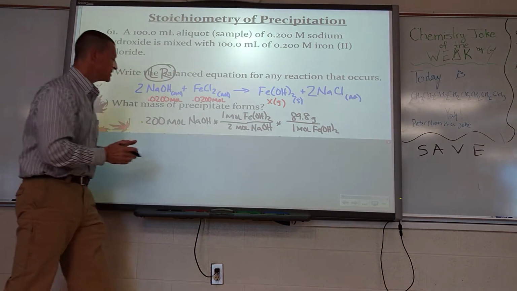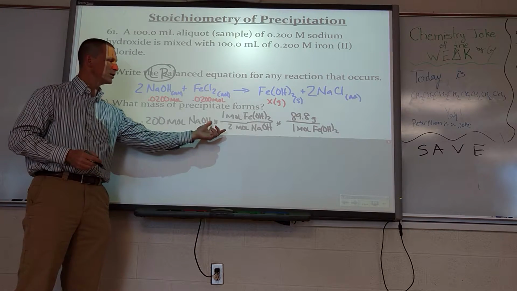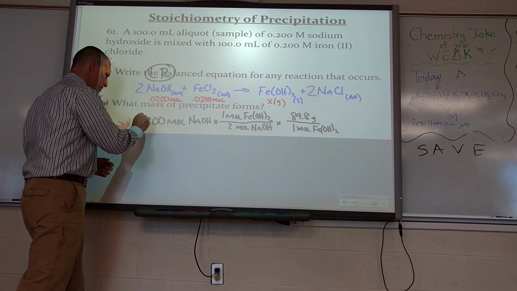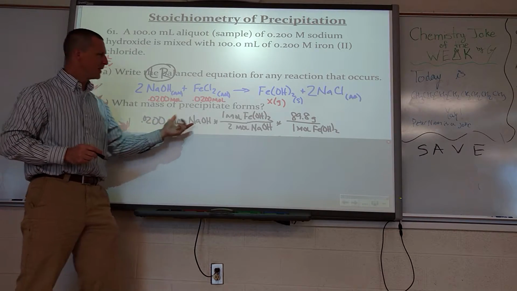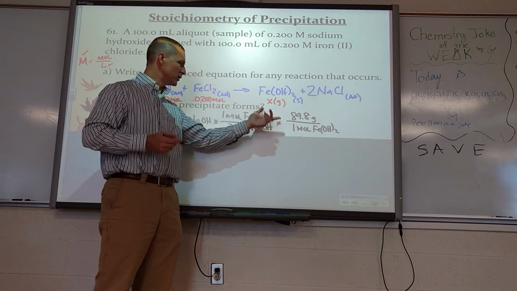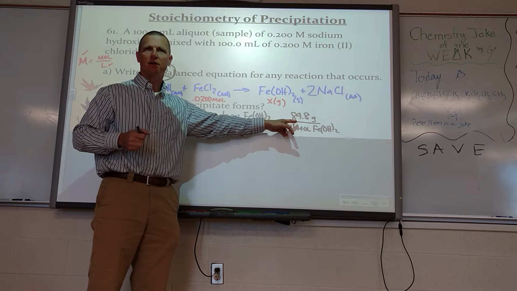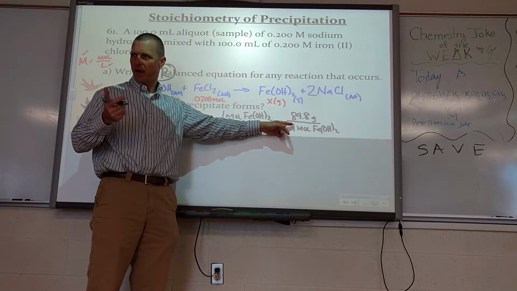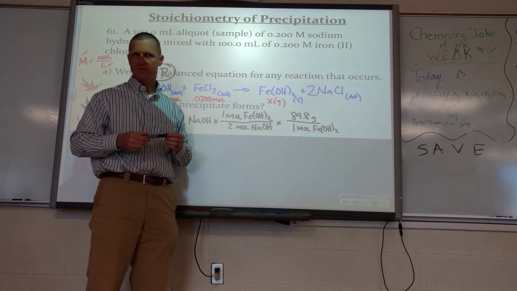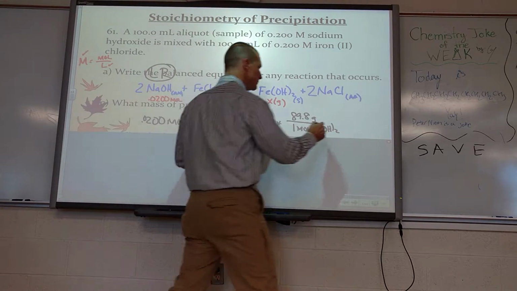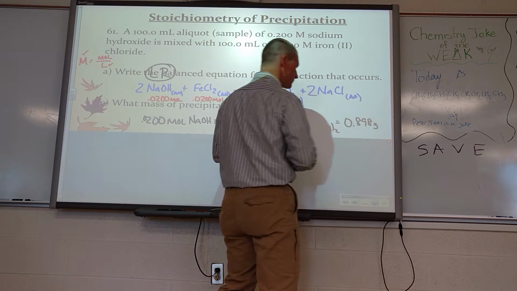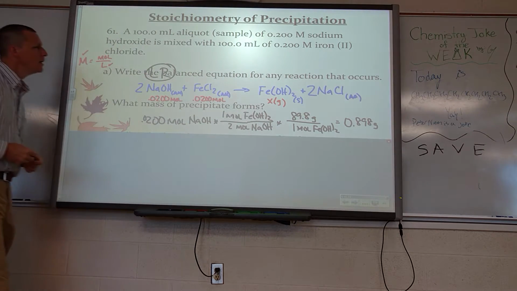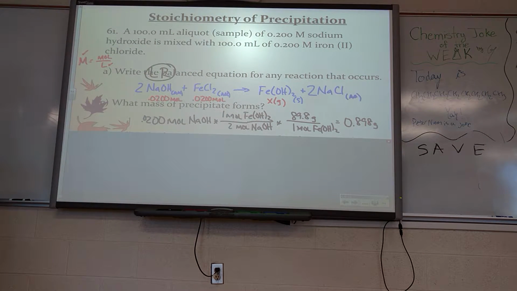Okay, so the math is nice because we have 0.02 divided by 2, which is 0.01. And then times that number. So it's just 1/100th times that. 0.898 grams. Yes? That's our mass of the precipitate.